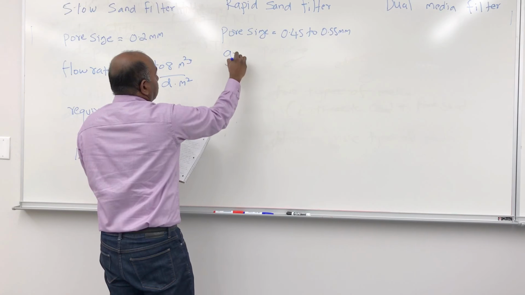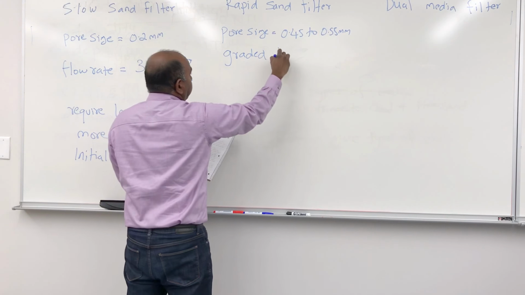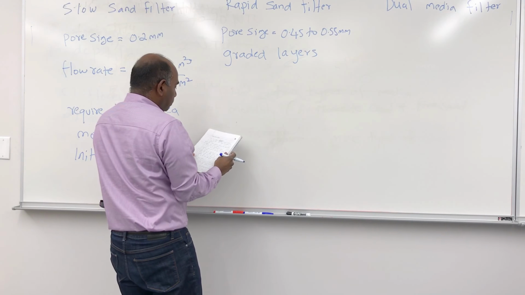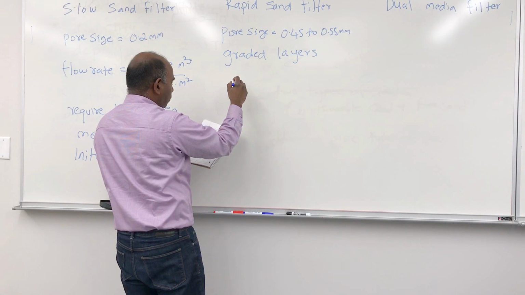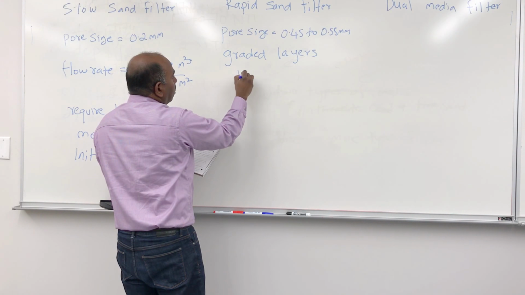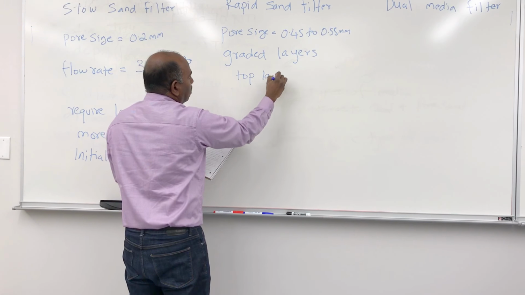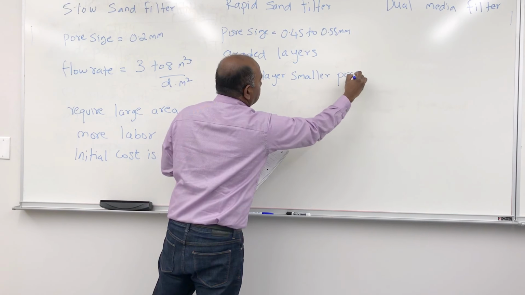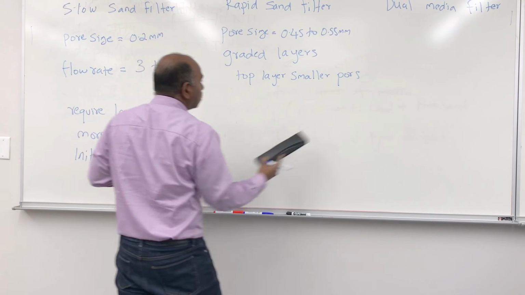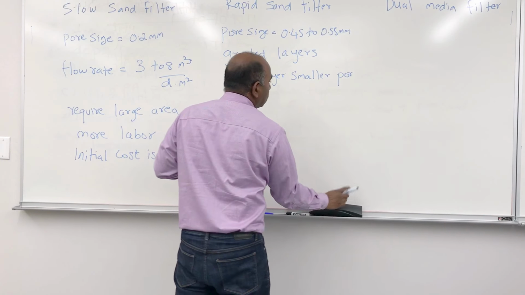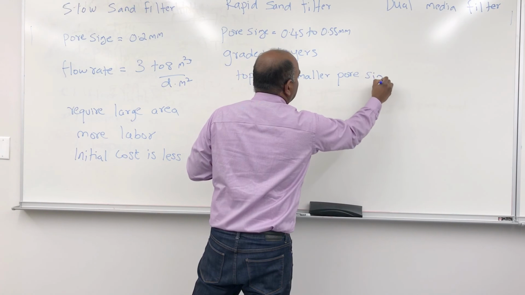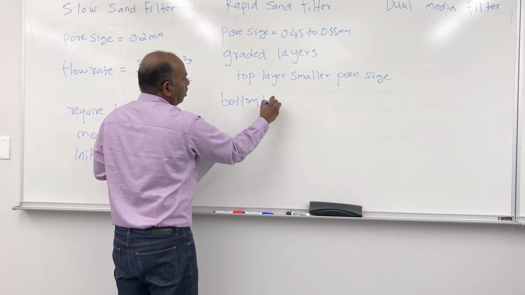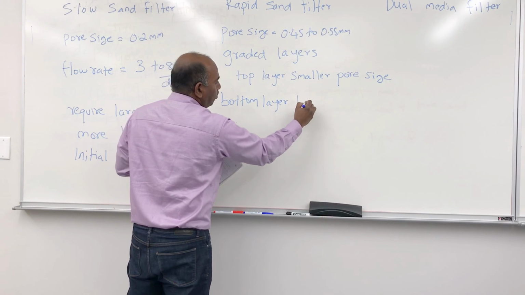Rapid sand has graded layers, meaning a top layer with smaller pore size and a bottom layer with bigger pore size.